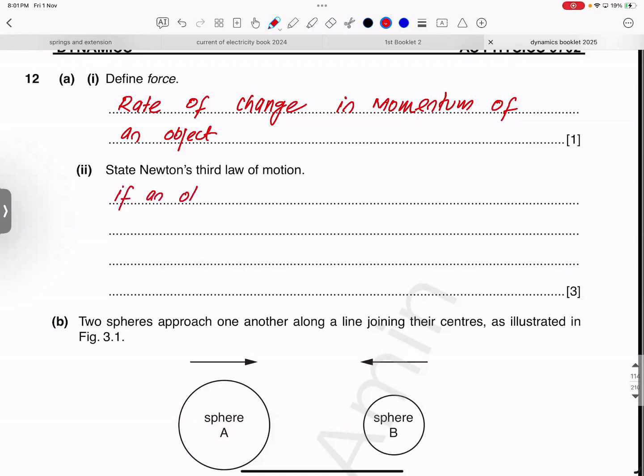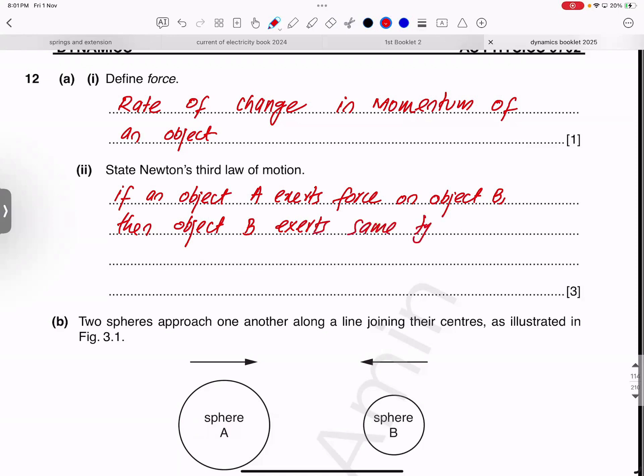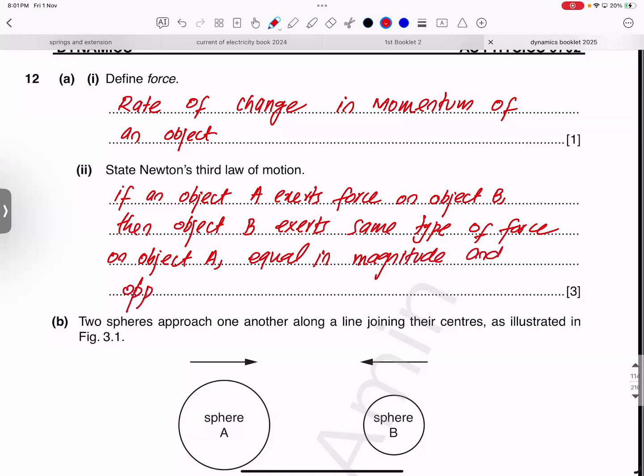If an object A exerts force on object B, then object B exerts same type of force on object A, equal in magnitude and opposite in direction.